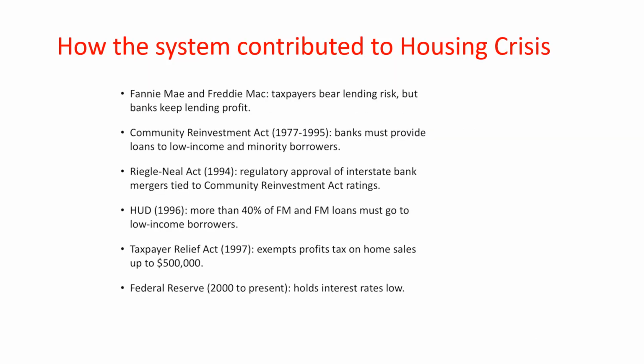How did the system contribute to the housing crisis? Well, first we have these 2 institutions, Fannie Mae and Freddie Mac. They were created by Congress, and they perform an important role in the nation's housing finance system, and that is to provide liquidity, stability, and affordability to the mortgage market.